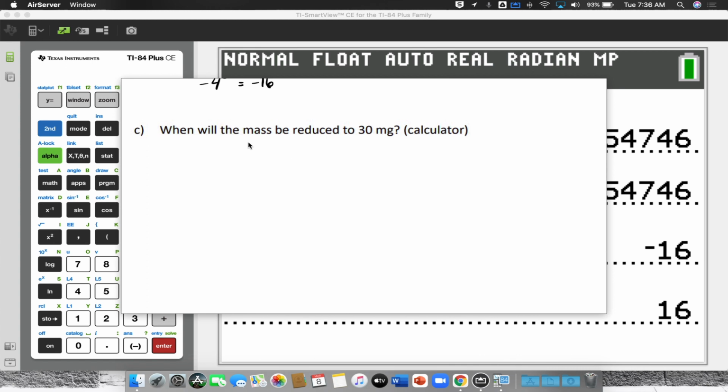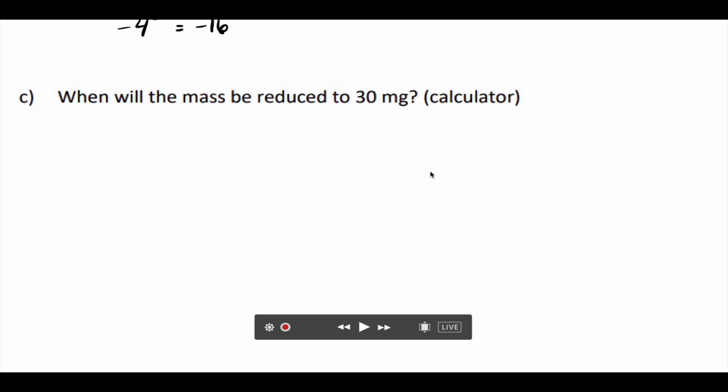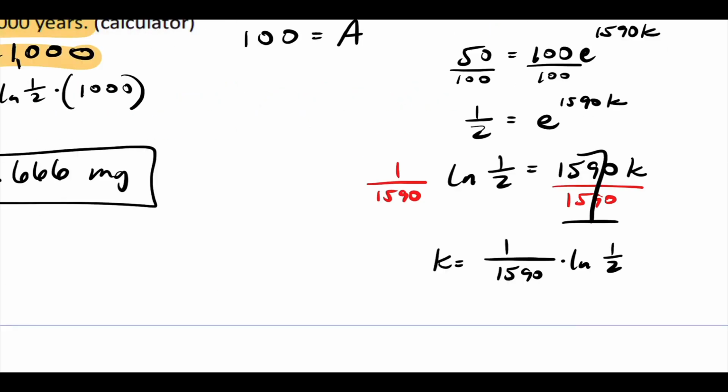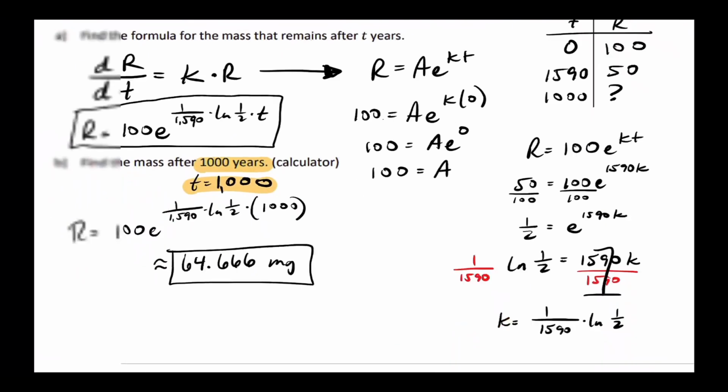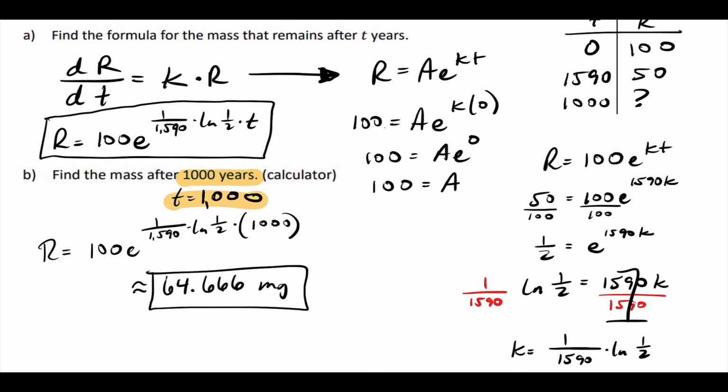Okay, so let's go back. You should always do a check for, does that make sense? So we set up here that our answer is about 64.6. Does that make sense with the other values they've given us?